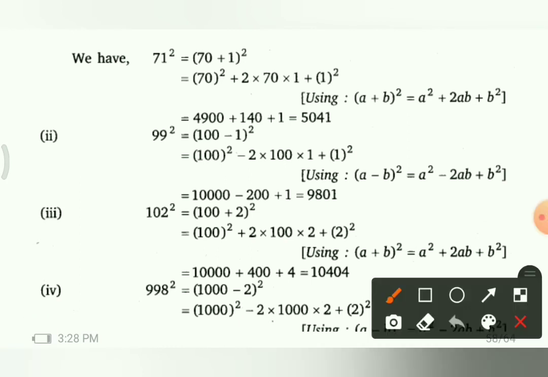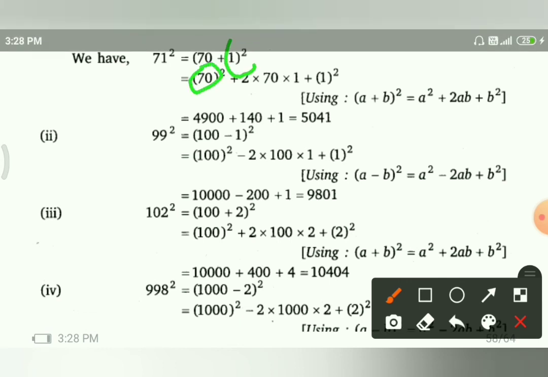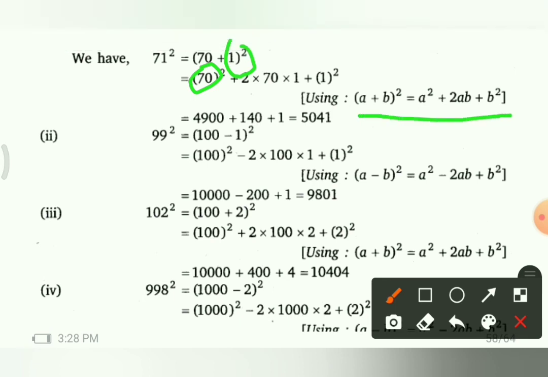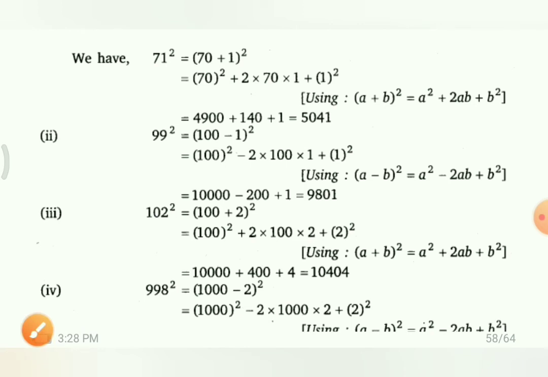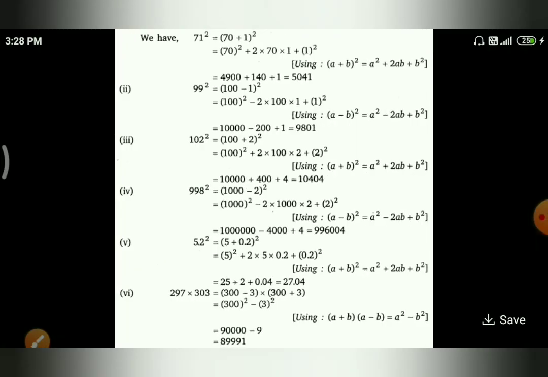A is 70. And what is b? B is 1. So we are using this identity a plus b the whole square. What is a plus b the whole square? It is a square plus 2ab plus b square. So we'll use that identity and we'll solve it. In similar fashion you can do all the 9.